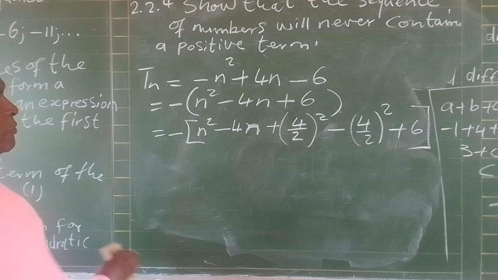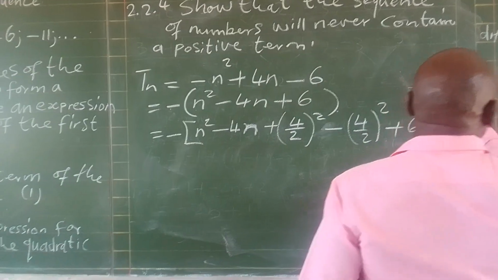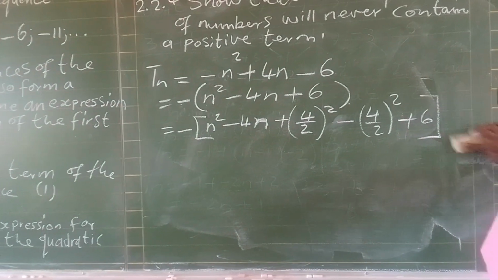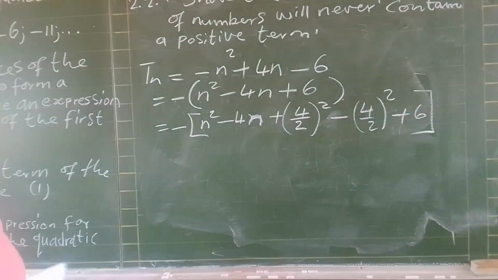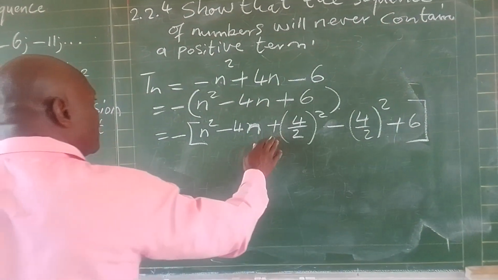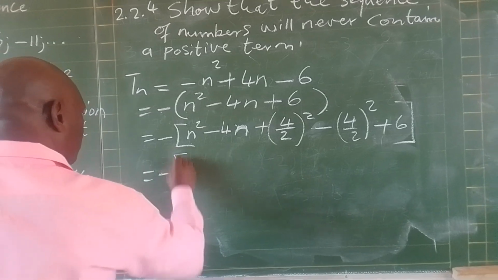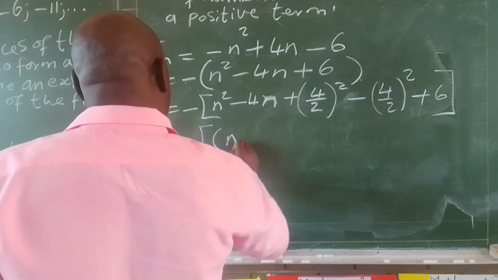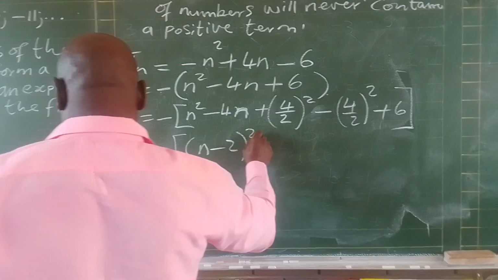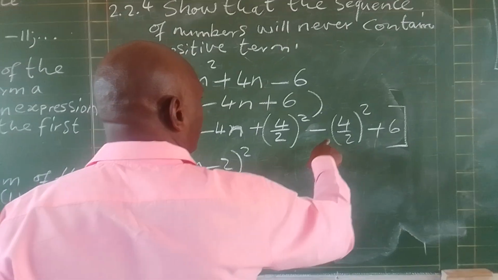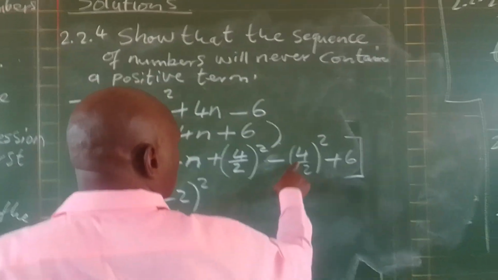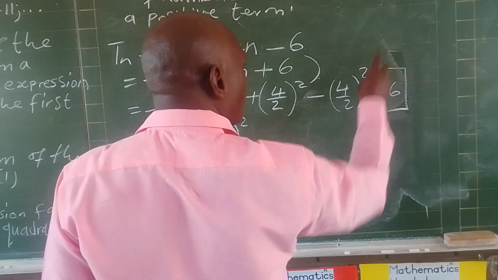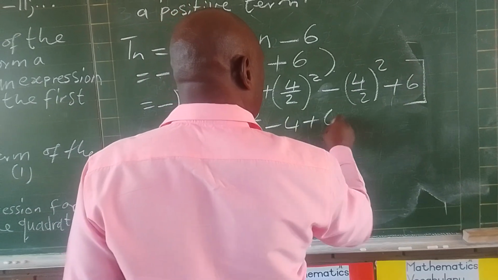From here, you can take this as the common factor. We're factorizing this, it's n minus 2 squared. Now, 4 over 2 is 2. 2 squared is 4. It's minus 4 plus 6.